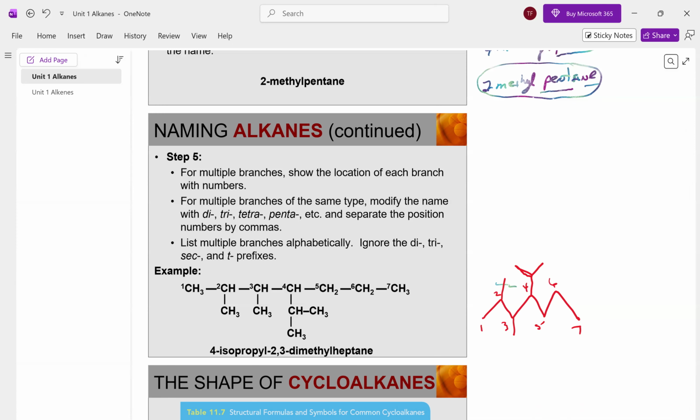Now, if we started numbering on the right, our first branch would be 1, 2, 3, 4. If we number on the left, our first branch is on carbon number 2. That's why the numbering on the left is better than the numbering on the right. Okay, so we have to identify what the branches are. These are 1 carbon, 3 carbon.